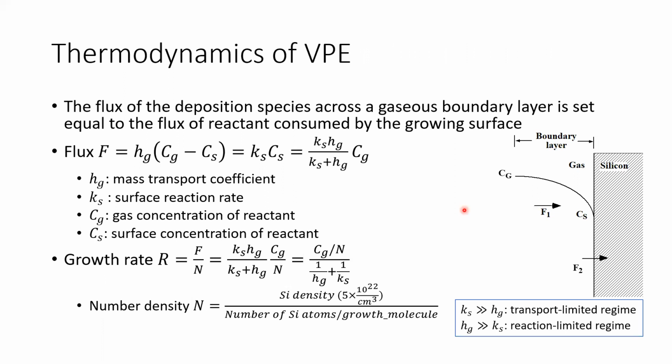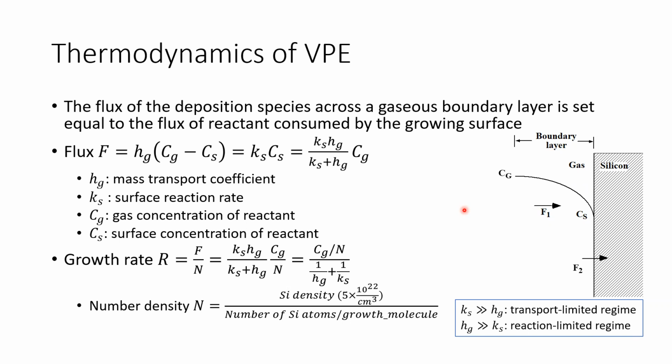So for the chemical reactions of VPE, we can simplify the process. We use thermodynamics to analyze the VPE process. The analysis is very similar to the silicon oxidation process, and we use the Deal-Grove model for thermal oxidation analysis.